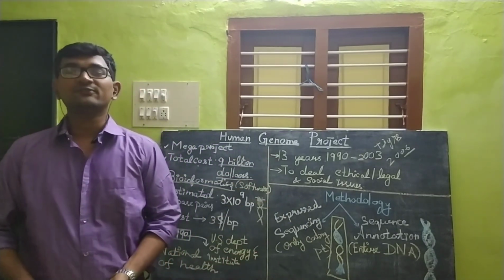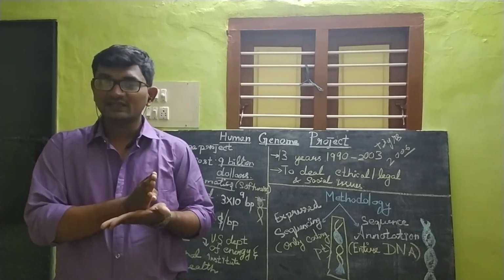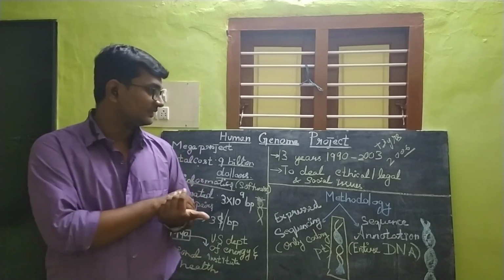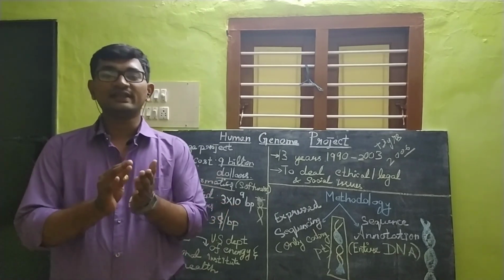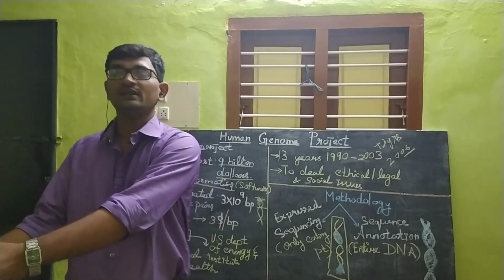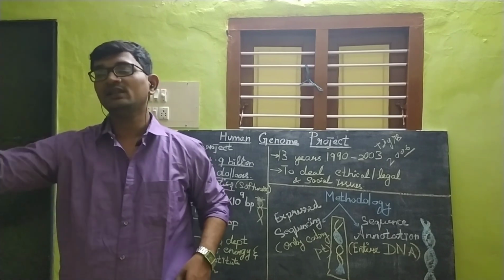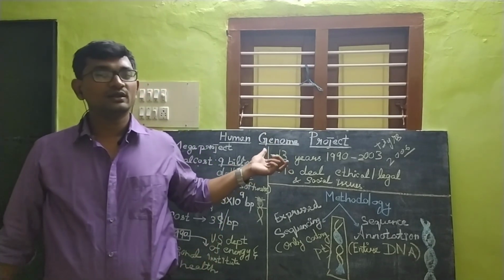What are the different problems dealt with in the Human Genome Project? Basically, social, legal or ethical issues. For example, if two parents are fighting over a single individual, which parent the individual belongs to can be determined by the Human Genome Project.